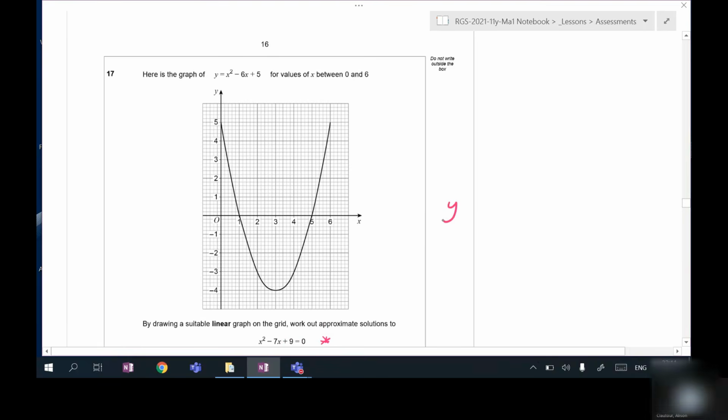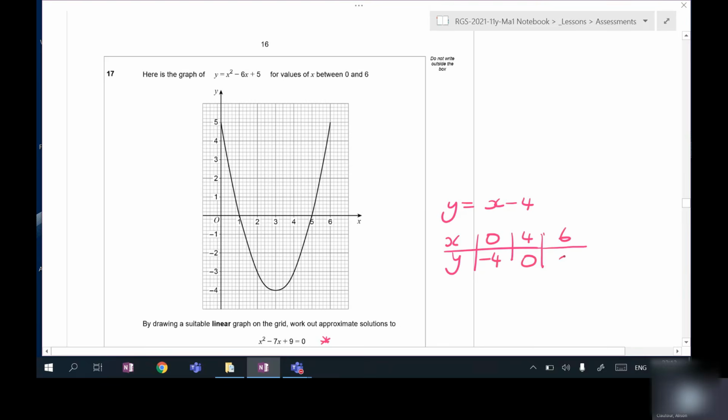Okay, so just pick some points, it doesn't really matter what they are. Okay, so I'm going to go for when x is 0, y is minus 4. When x is 4, y is 0.